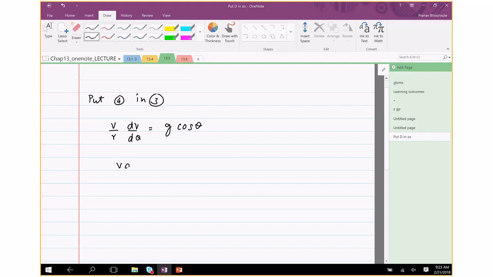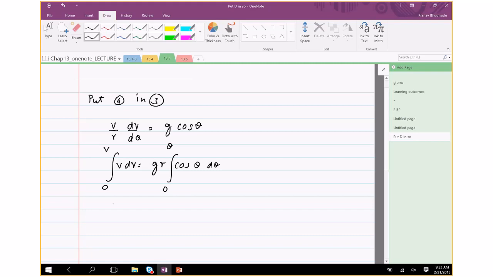So v dv is g times r cosine theta d theta. When I carry out this integration, I need to go from 0 to v, and theta goes from 0 to some theta, which I need to write in terms of theta.